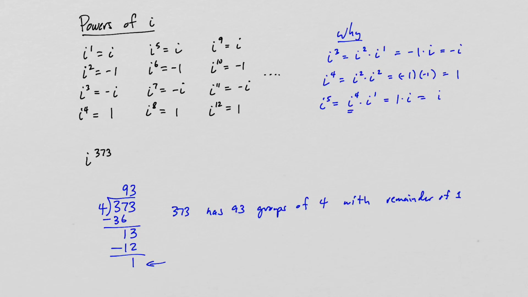Well, the 93 groups of 4, what that means is that if you were to count your way to 373, you would go through the pattern of 4 93 times.